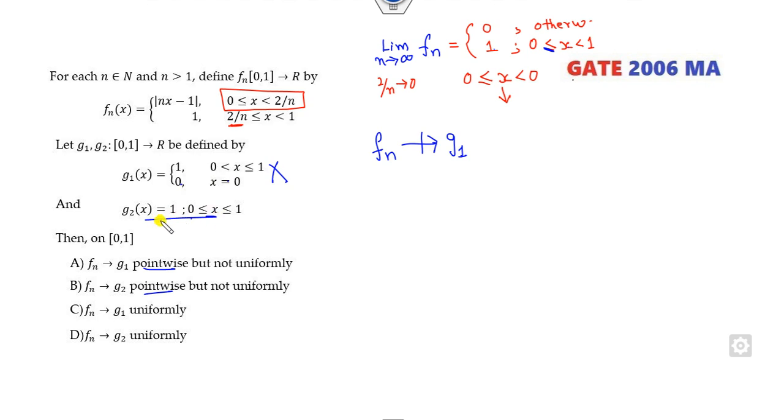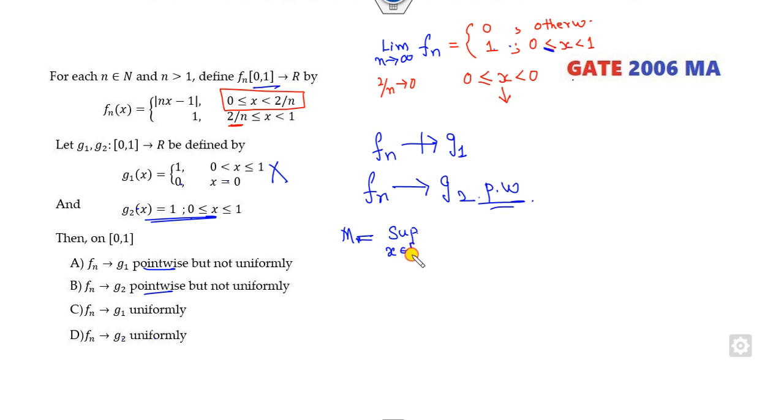Look at this one, it's a correct statement. Because what is the meaning of that? It is complete 1. So it means Fn goes to a piecewise continuous function. Fine. Now it means Fn converges pointwise. Now you have to check whether it converges uniformly or not. Again, very simple. You have to check Mn, the supremum over the domain.